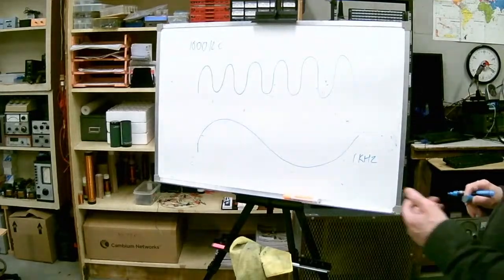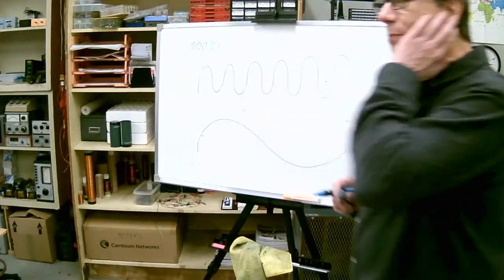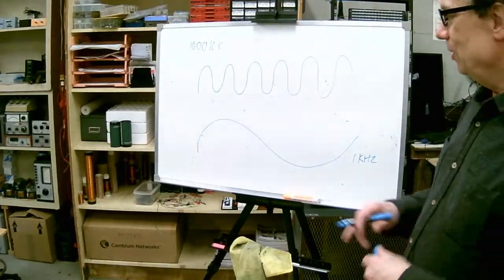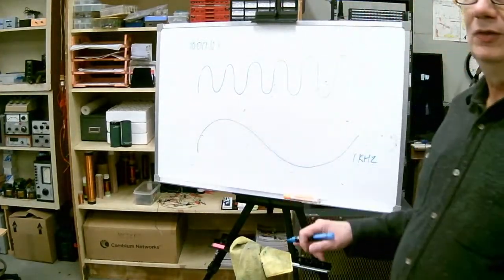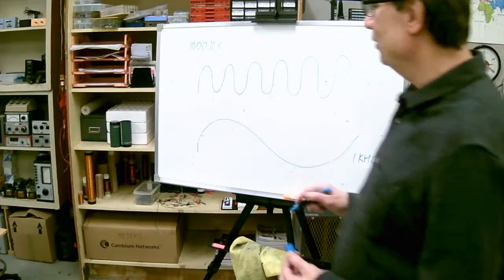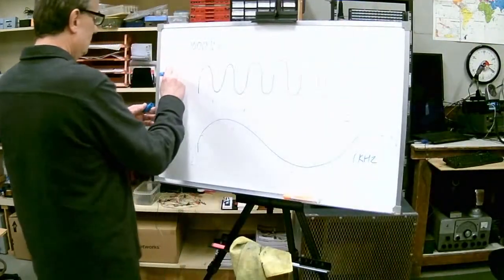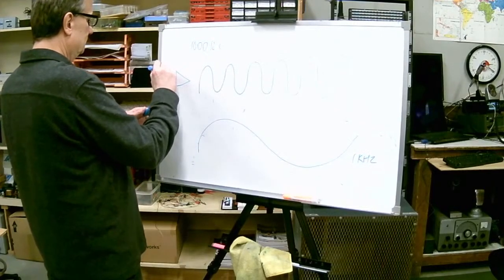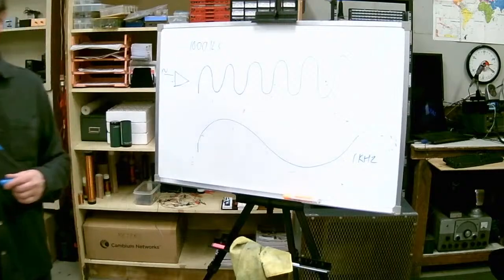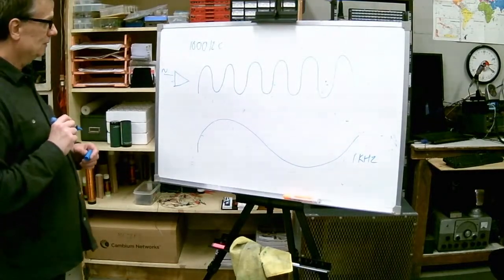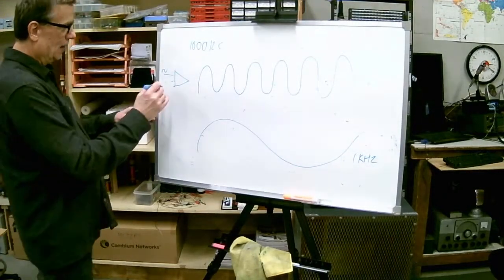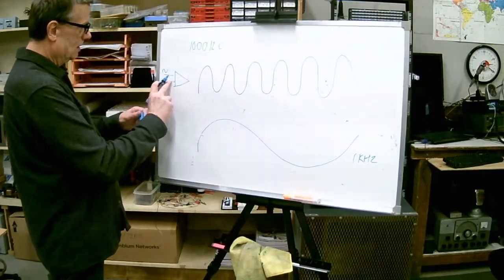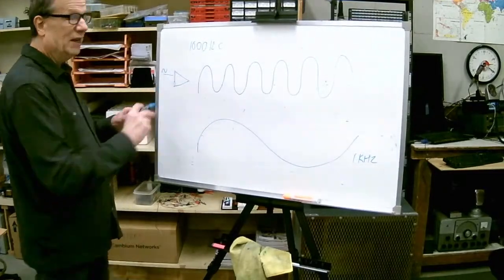So what we can do here is change the amplitude of that in accordance with this. We use this to control the gain of an amplifier. So we take a radio frequency amplifier, and we have RF going in there, and then we mix, and a mixer is nothing more than any nonlinear device.